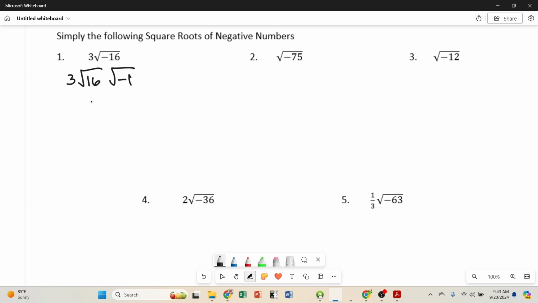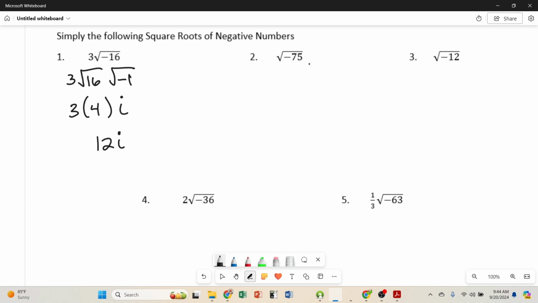Now 16 is a perfect square, so we can simplify the square root of 16. That'd be 3 times 4 times the square root of -1, which is I. 3 times 4 is 12, and 12I is our final answer. We treat I just like we would pi or a variable.